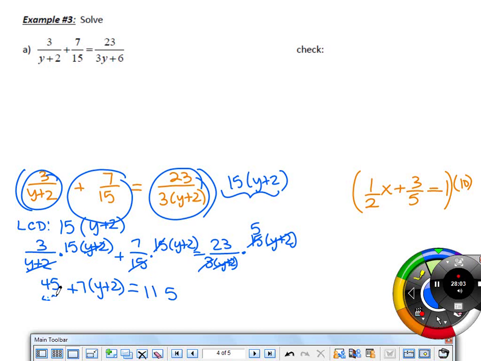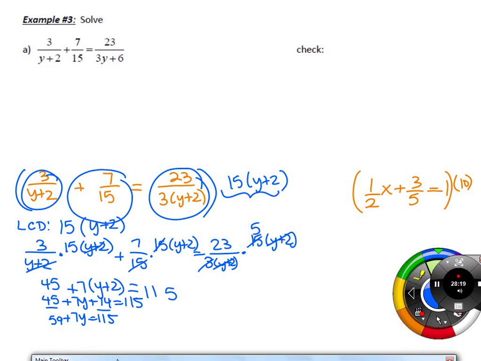So this is 45 plus 7y plus 14. And I can add together the 45 and the 14, and that makes 59. And then I can subtract 59 from both sides.